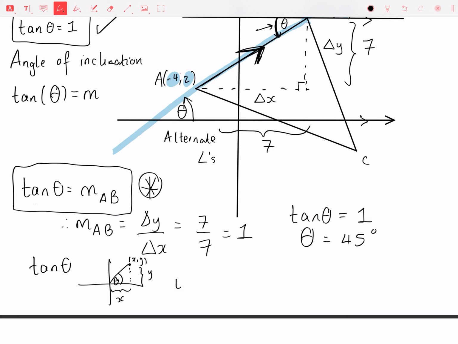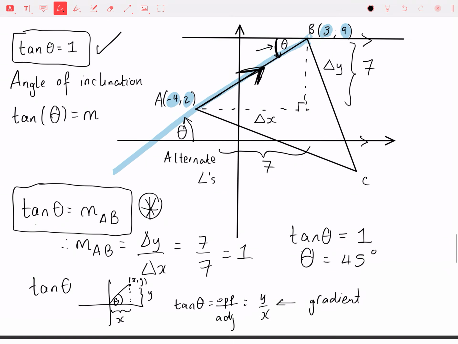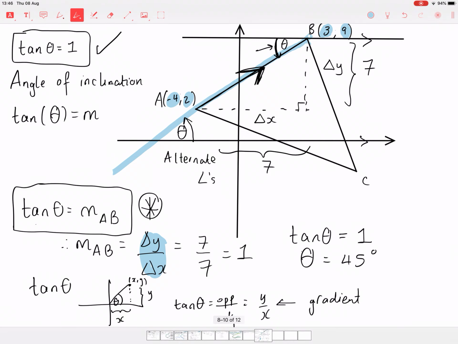And remember, tan theta is what? Opposite over adjacent, which is y over x. But that is also gradient, right? Y over x. That's exactly what we've done here. So that is why we actually use this formula over here.